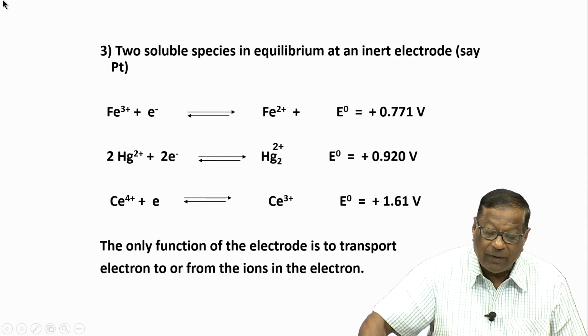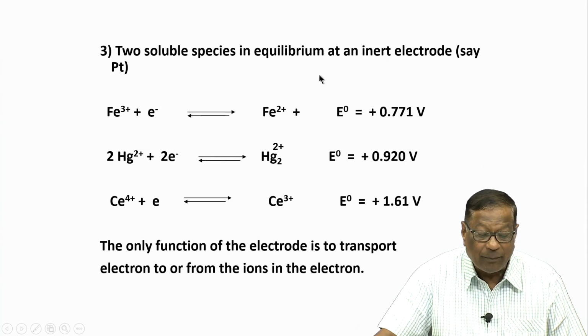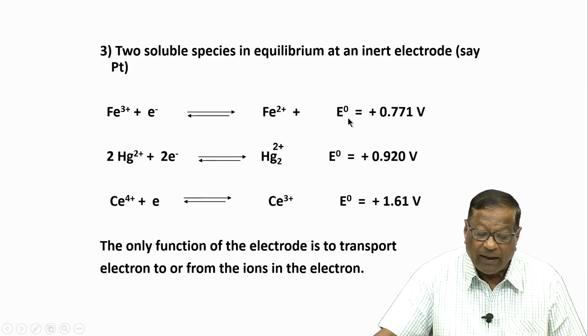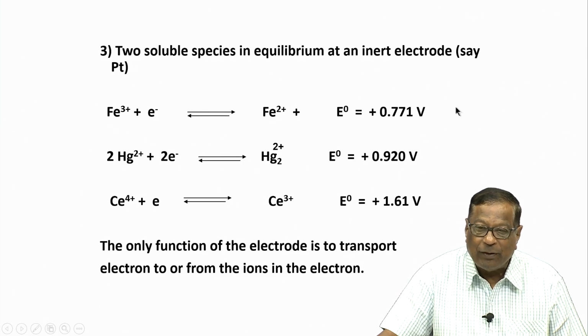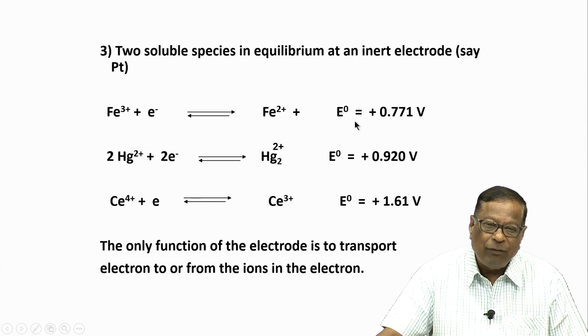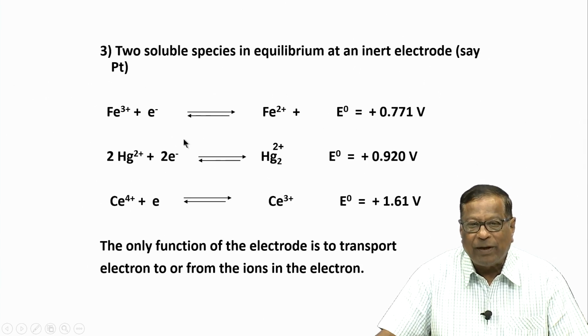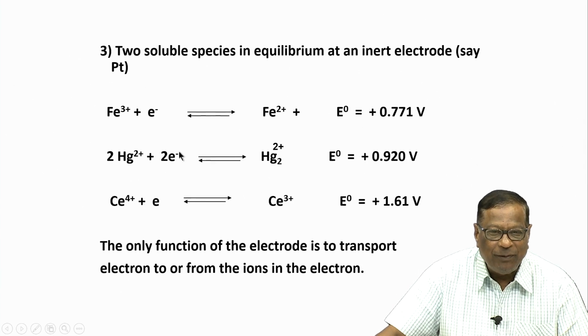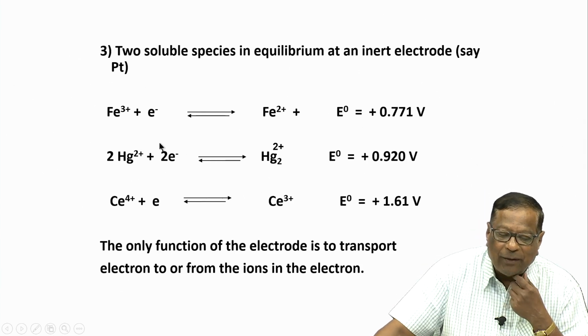In such cases, I can write an expression when such systems are examined with respect to the standard electrode potential. I get Fe3 plus plus e minus going to Fe2 plus, and E naught is equal to 0.77 volts with respect to the standard hydrogen electrode. But what kind of cathode should I have here?